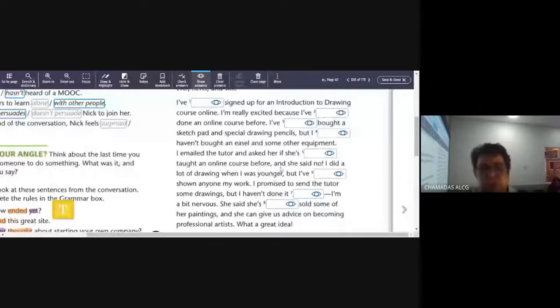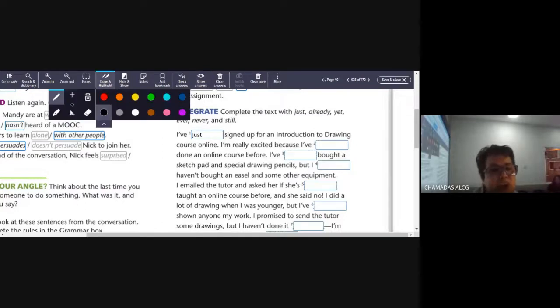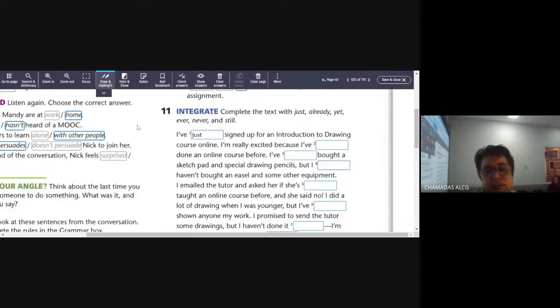So when you read the text, you have a better idea, right, of what you have to do. Now, let's do the first one together. I've just signed up for it. Look, the same expression again. Remember, we saw this expression before, and we use the preposition for.